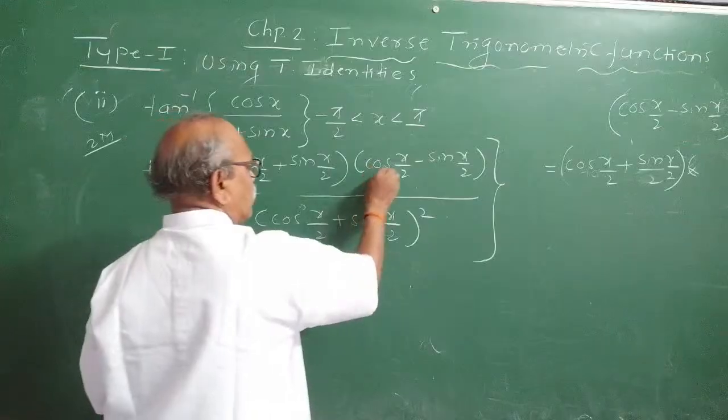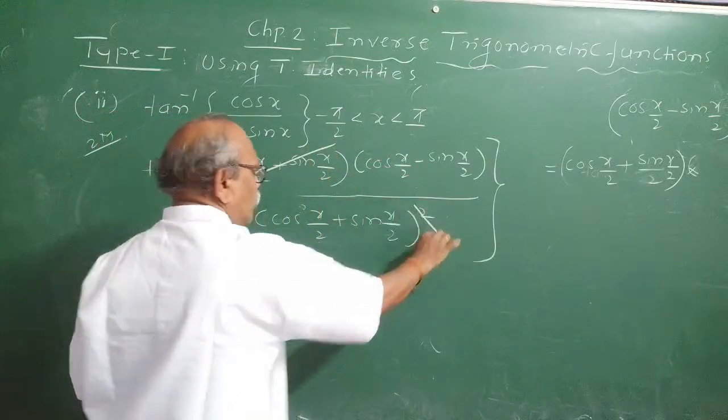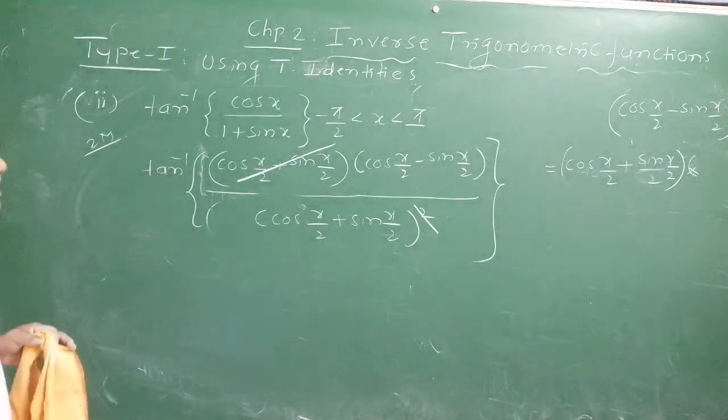You can cancel cos x by 2 plus sin x by 2. One factor of cos x by 2 plus sin x by 2 gets cancelled.